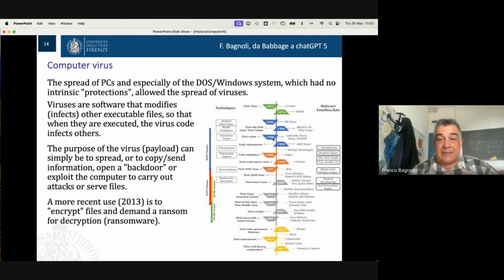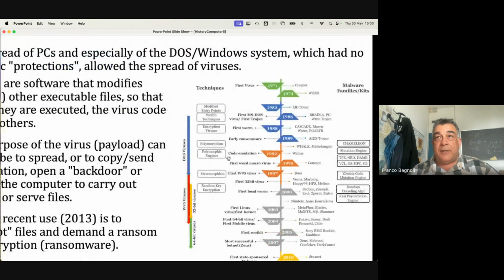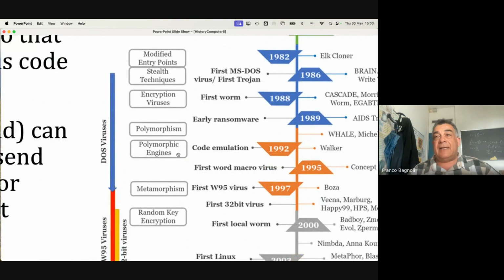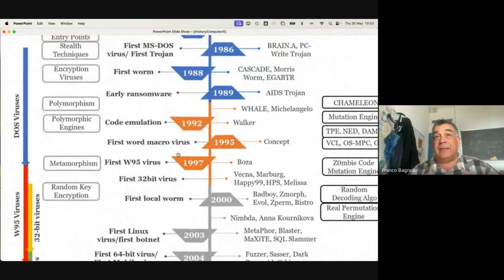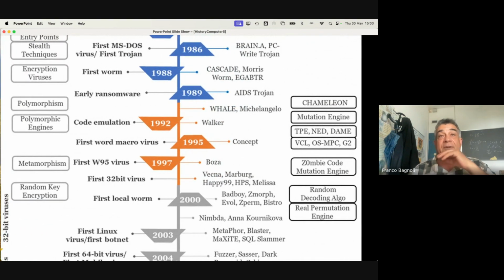And the other thing that computer viruses do is to exploit things that are seen also in real viruses, to try to escape from identification.